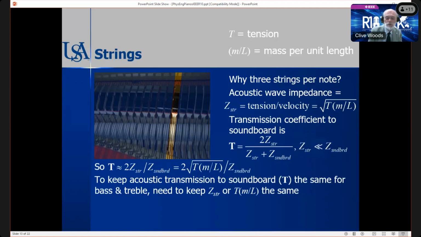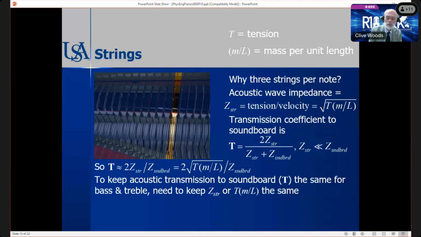And so here's the problem. To keep the acoustic transmission coefficient to the soundboard the same for bass and treble, so the note sounds the same volume in the bass as it does in the treble, I need to keep the string impedance, or T multiplied by linear density, the same.